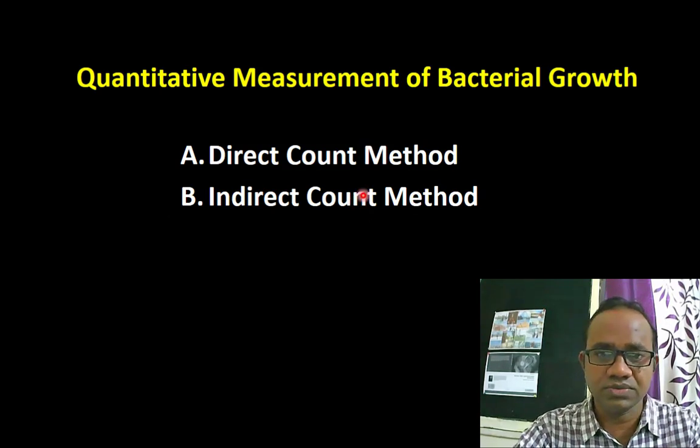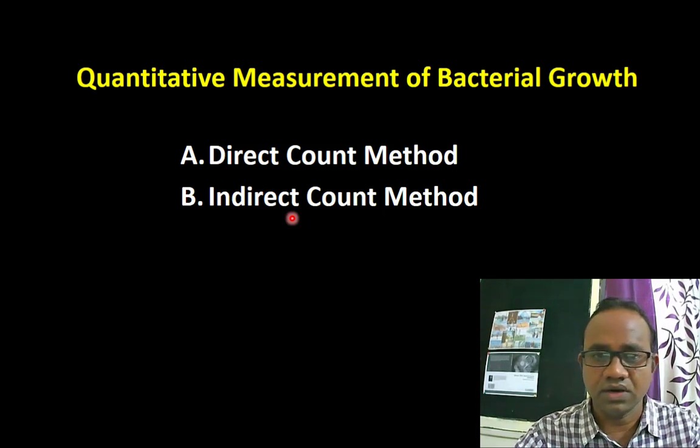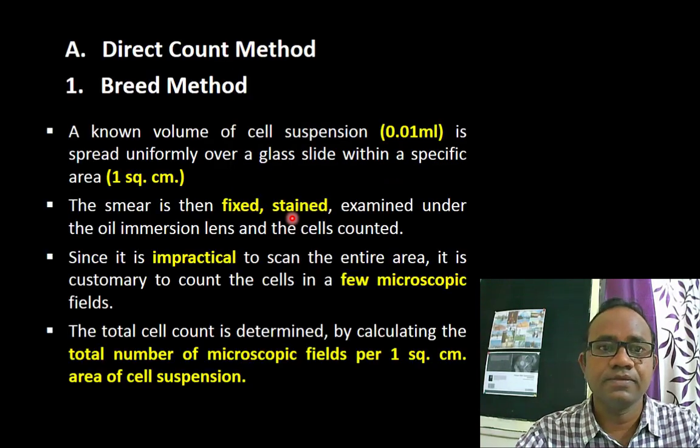So one is the direct count method where we count the cells of bacteria, and in the indirect counting method we count the colonies instead of the bacteria. With these two types of method we will see how we determine the number of bacteria present in a particular sample.